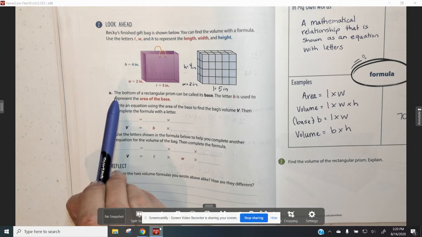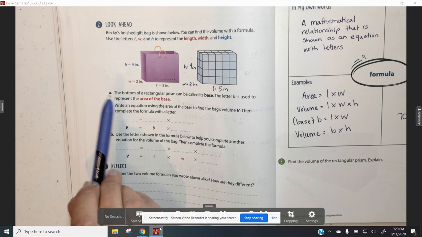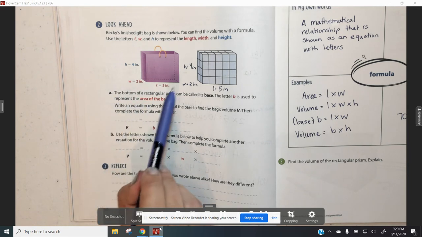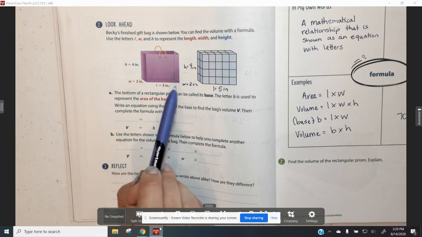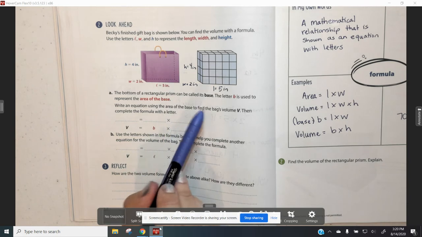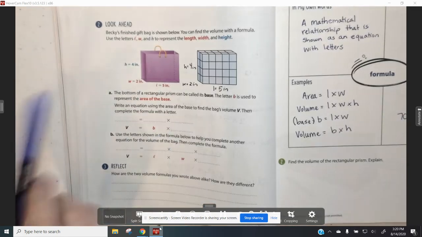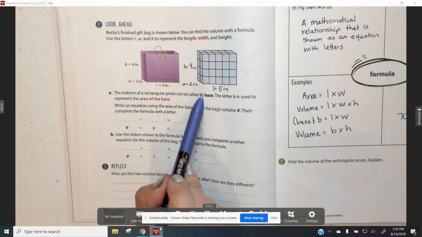The first way is to solve using the base of the rectangular prism. The bottom of a rectangular prism is called its base, the very bottom layer. So the base would simply be 1 layer of the rectangular prism.